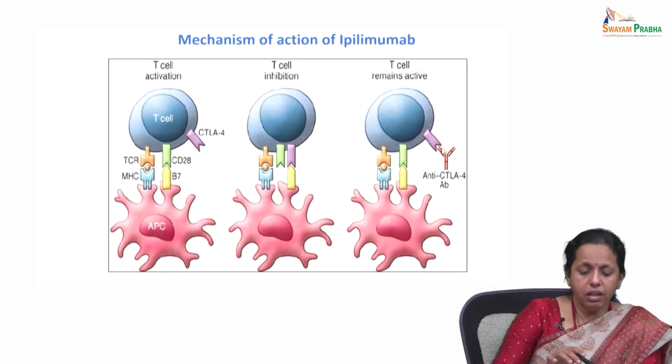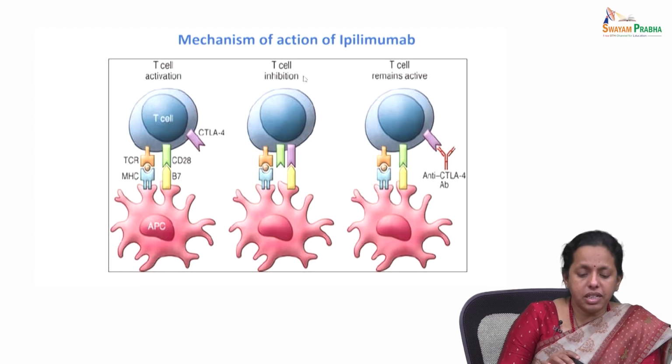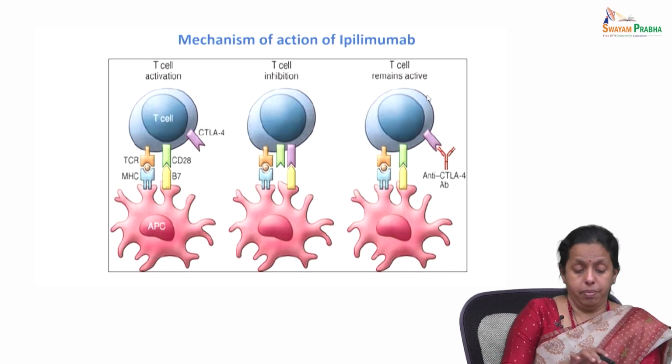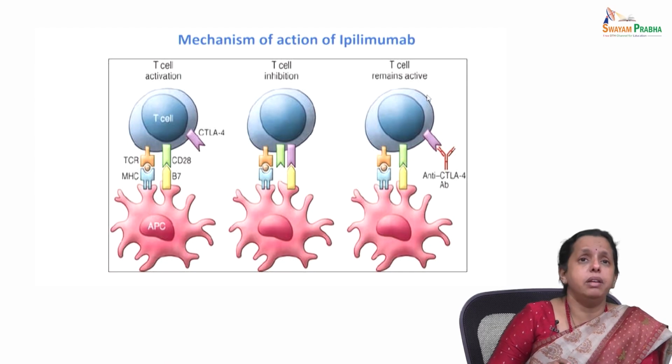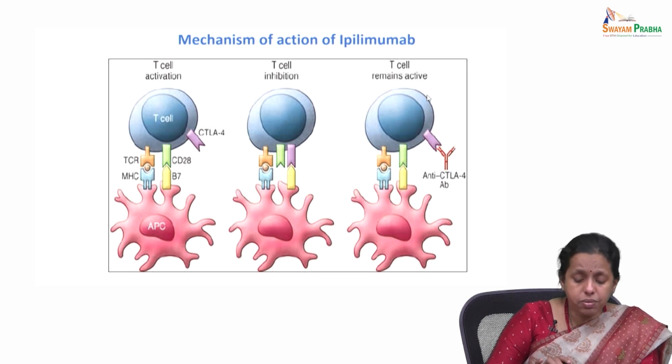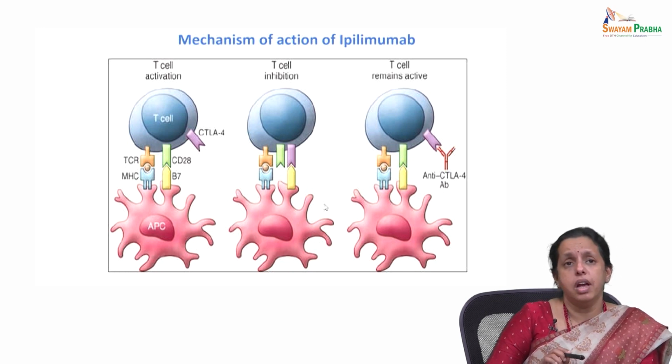Here, instead of T cell inhibition, your T cell remains active. This is very path-breaking research for ipilimumab, and there are several clinical trials for both melanoma and non-squamous cell lung carcinoma, improving the patient response rate.